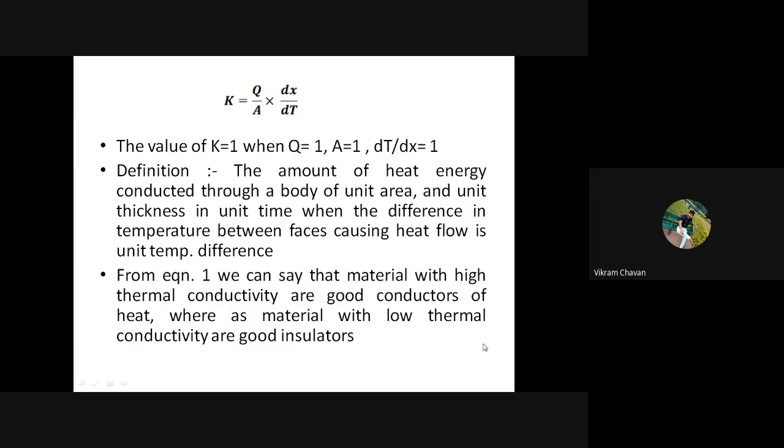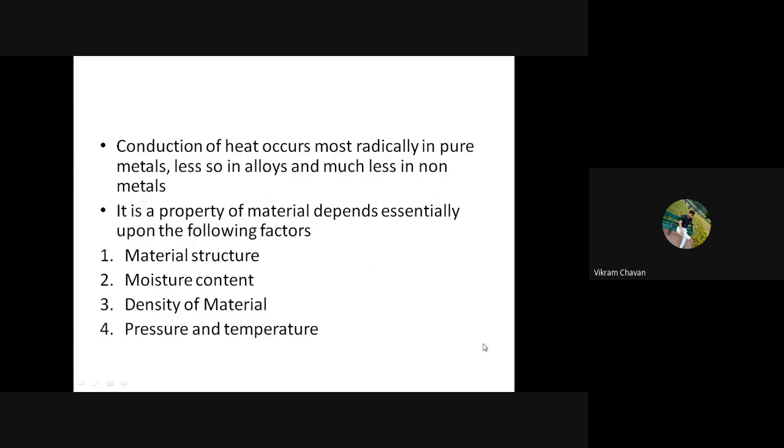Now we know that in most pure substances, heat will transfer readily through that material, whereas in non-metals or in alloying materials it is lower. Alloying means we are adding impurities to a base material.